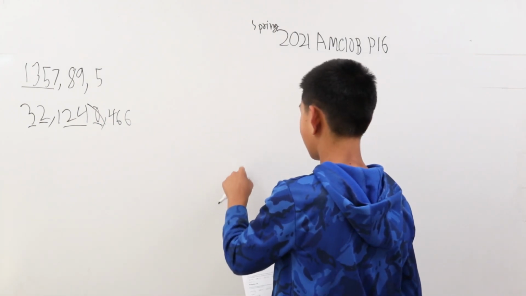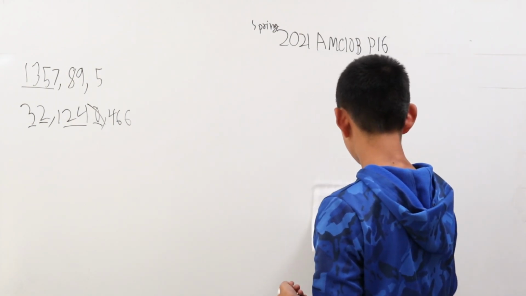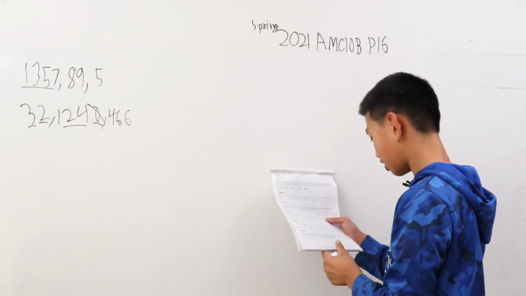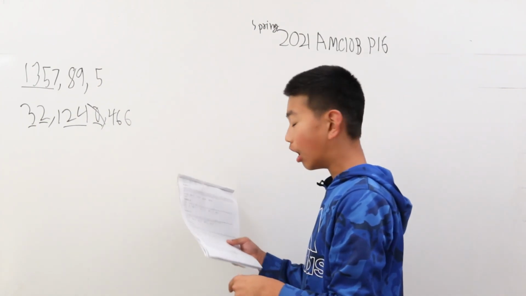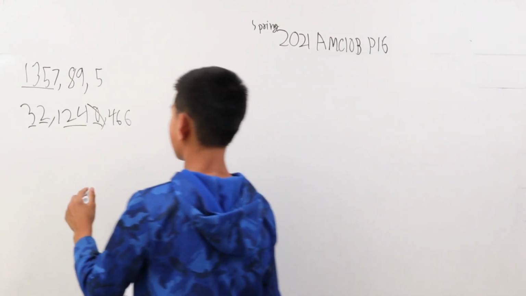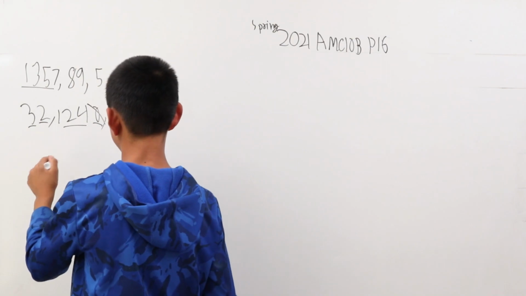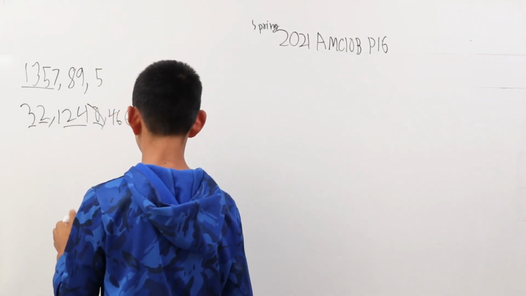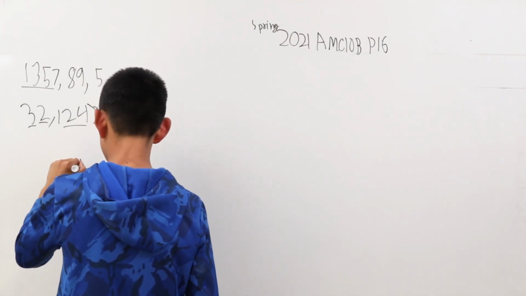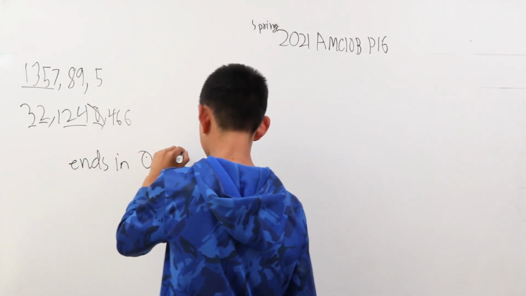Let's say something pretty obvious. For a number to be divisible by 5, it has to end in 0 or 5.